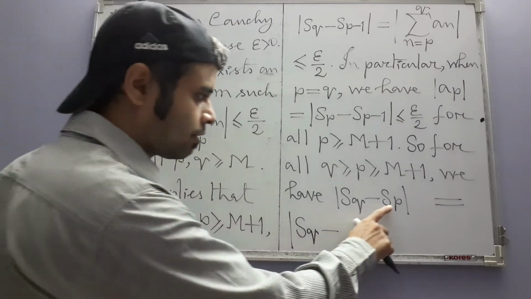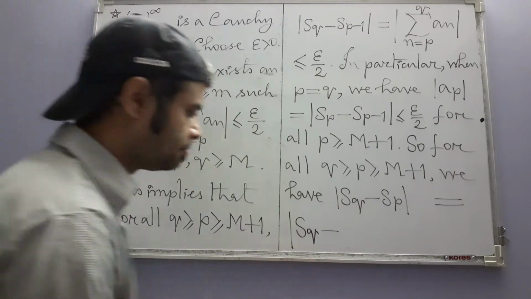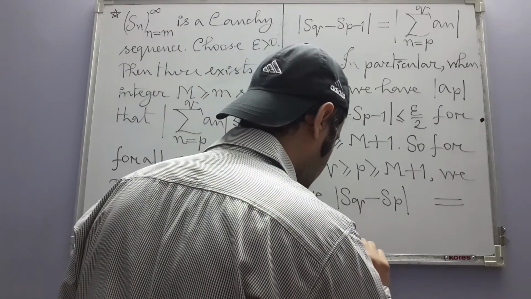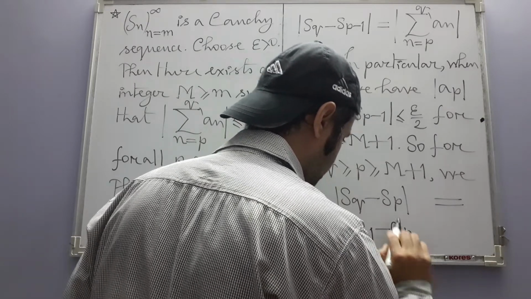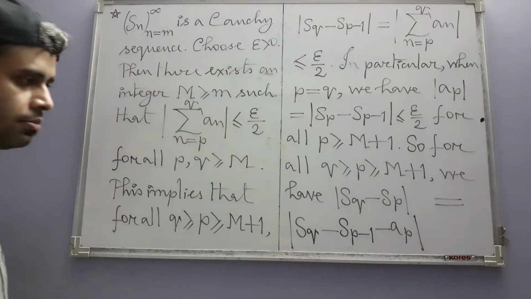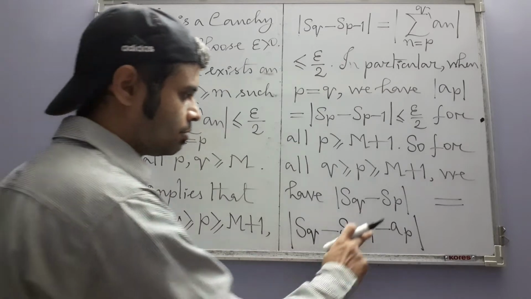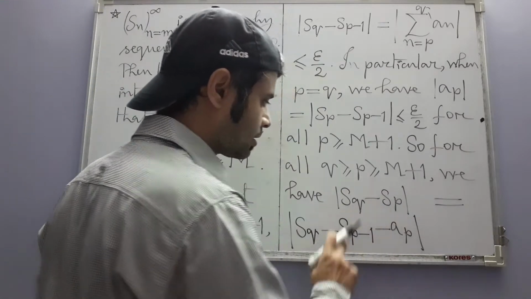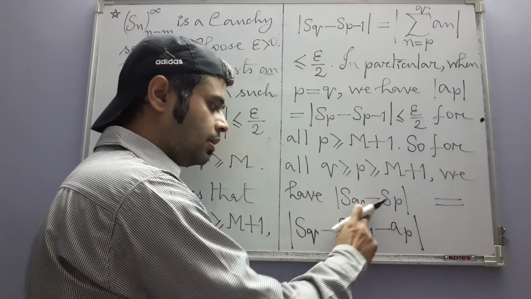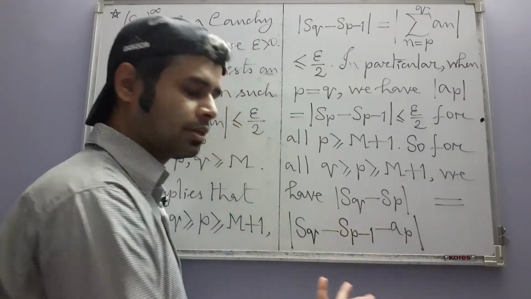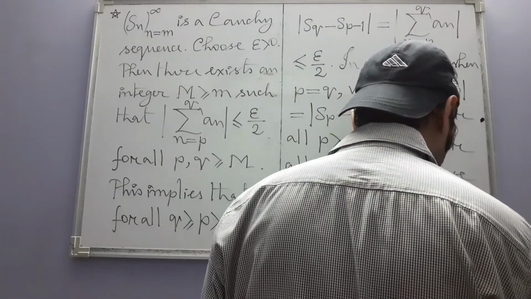Note carefully, we are not considering SP minus 1 here, we are considering SP. This is SP minus 1 minus AP. It should be clear why we have this. This is because if you apply the definitions of these partial sums SP and SP minus 1, you will see that SP equals SP minus 1 plus AP. That's just it. And now you use the triangle inequality.